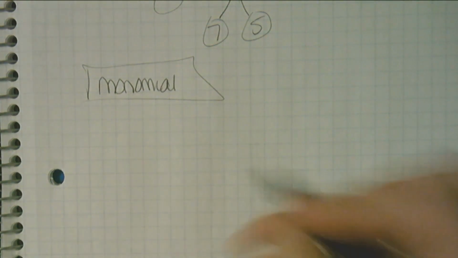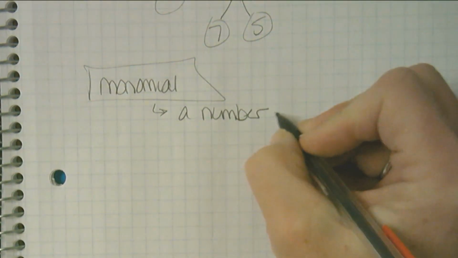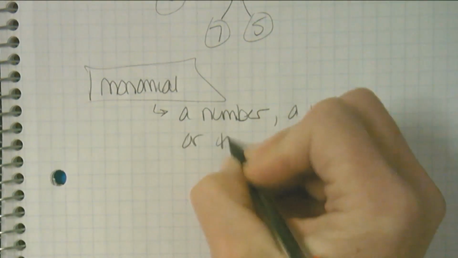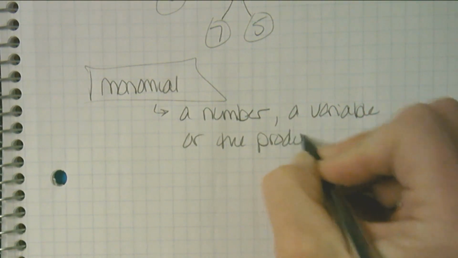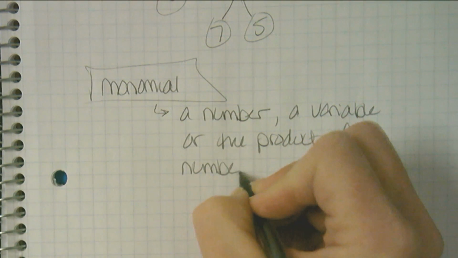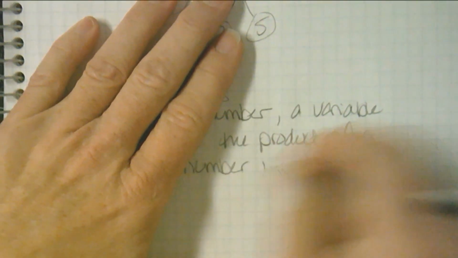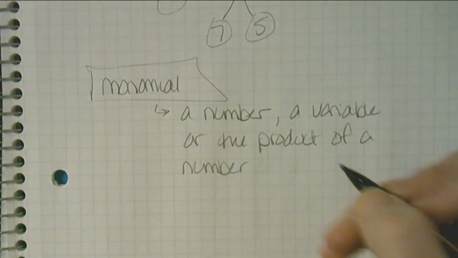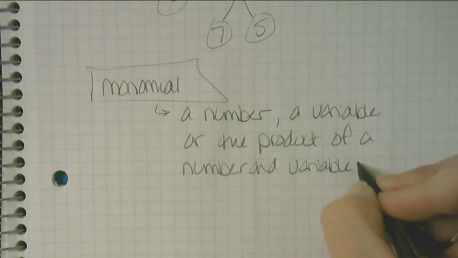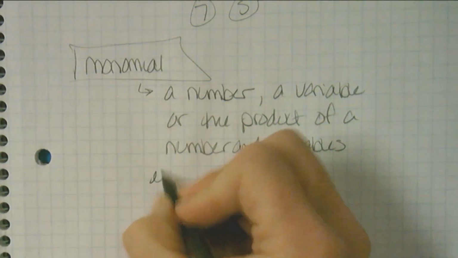All right, so a monomial is a number, a variable, or the product of a number or variables. It's called a monomial. So let me just give you some examples.